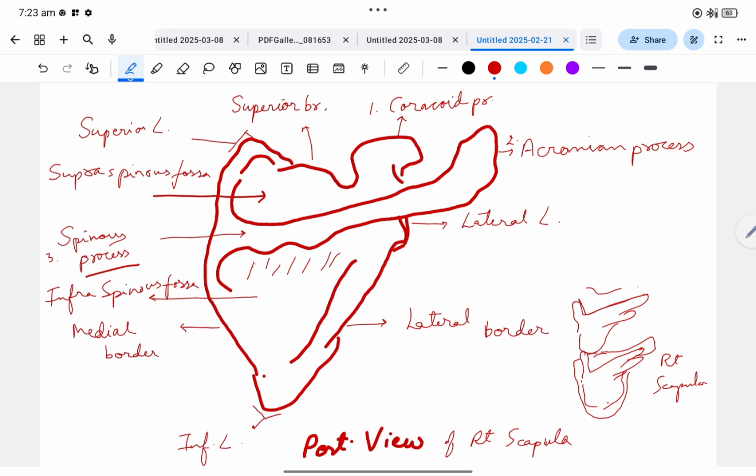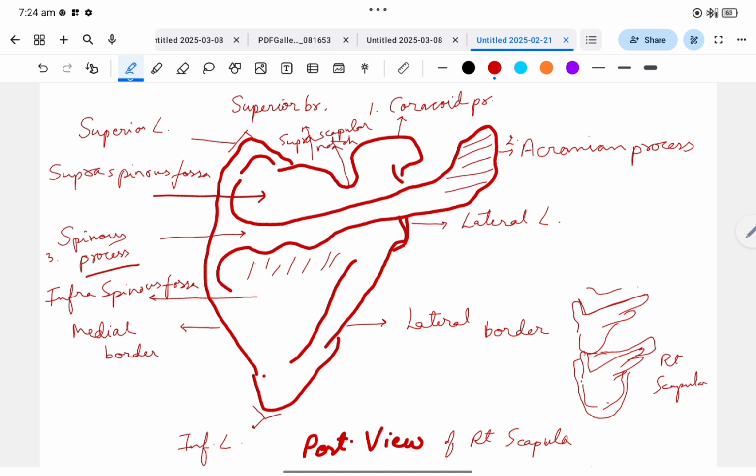And there is a notch present. This notch is a depression. This is known as the suprascapular notch because it is on the upper side of the scapula. Now this whole part is the acromion process.